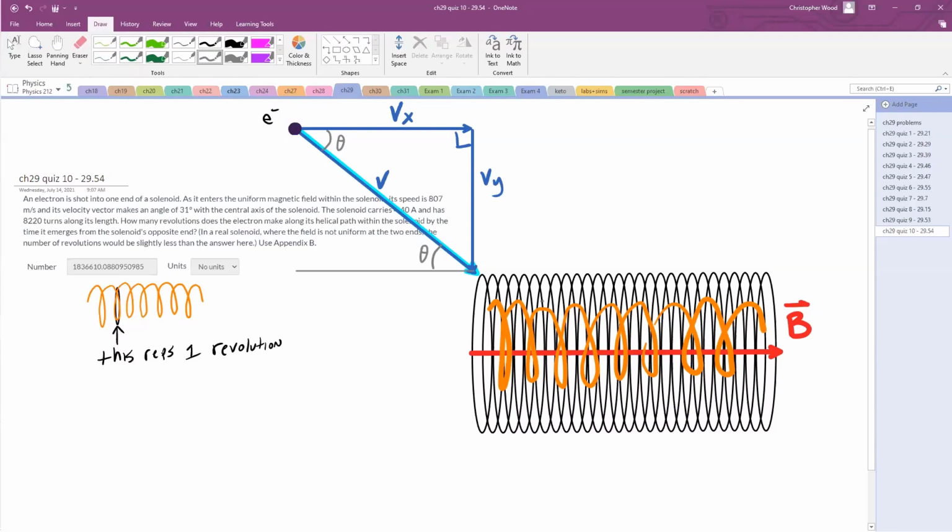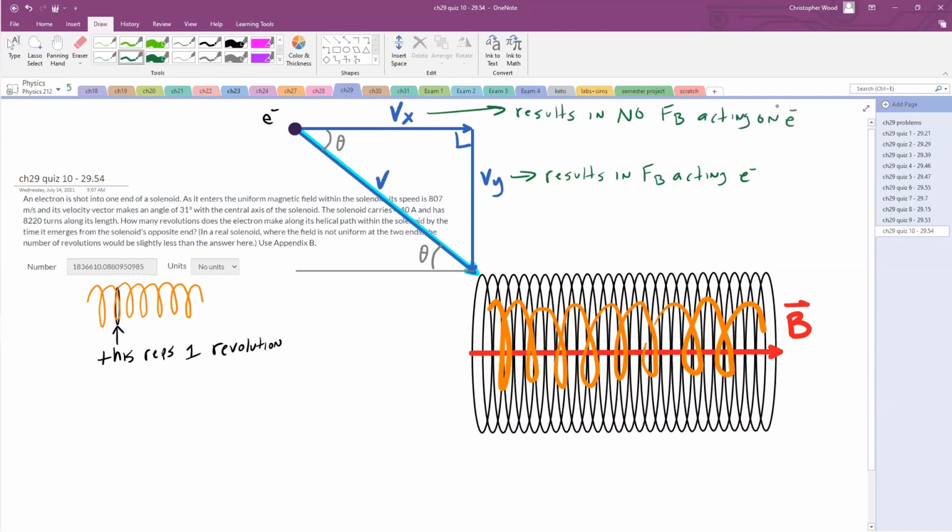I'm intentionally looking at the x velocity and the y velocity because this y velocity results in some F sub B acting on the electron. This results in no magnetic force, no F sub B acting on the electron.